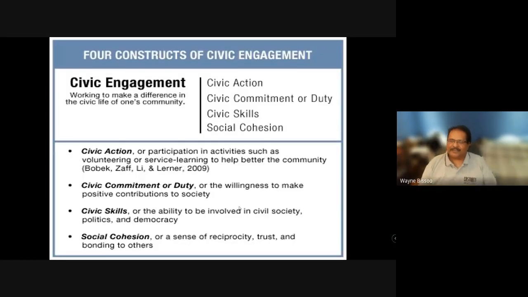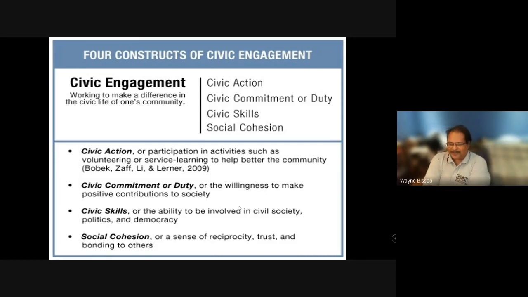Other aspects of civic engagement talk about volunteering in activities in the community. How many of you all do any of this stuff? Now, I know some of the officers might get engaged in this out of some of your actual duties in the communities you serve.